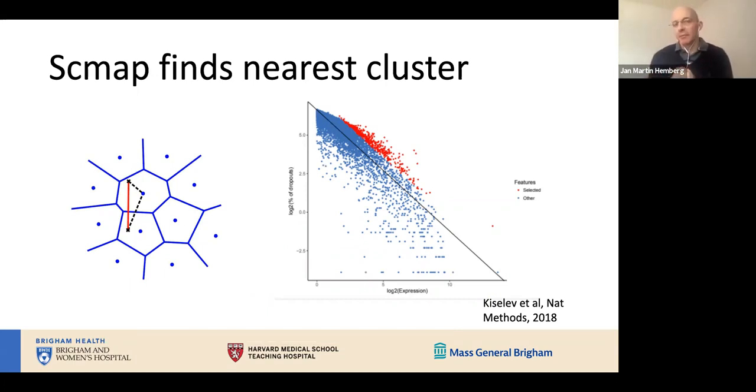And what it does in order to do this successfully is it uses feature selection. It uses the dropout based methods that I told you about earlier. So based on that, it only looks at a subset of the genes and calculates the distances to these centroids and matches it to the closest one.